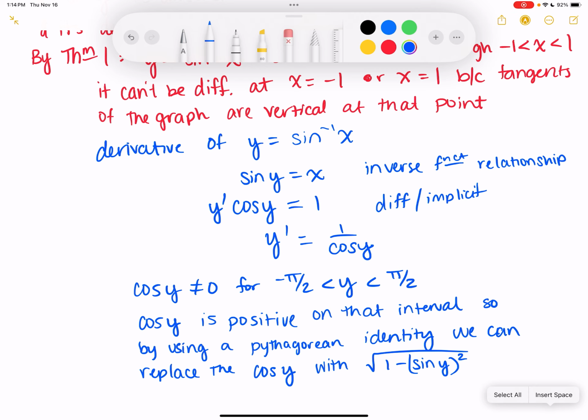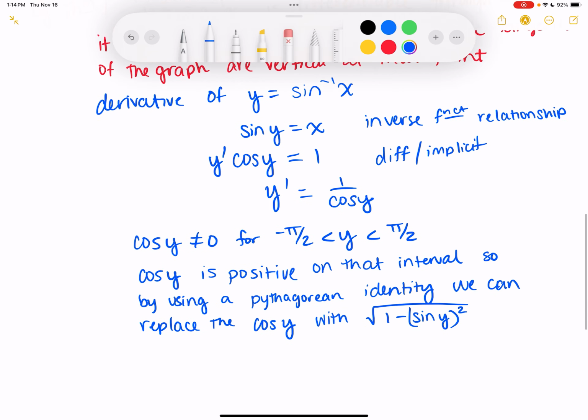Now, going back all the way up here, we said that the sine of y is equal to x. So this means this is the square root of 1 minus x squared.